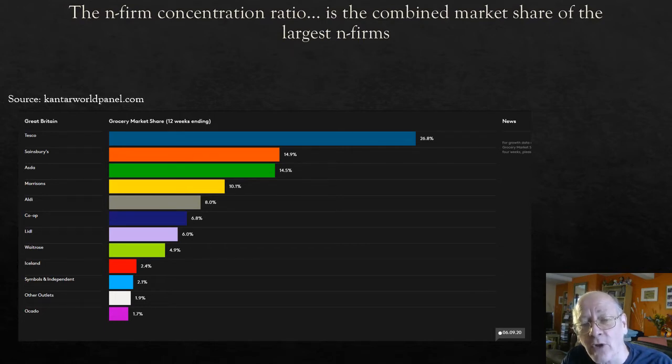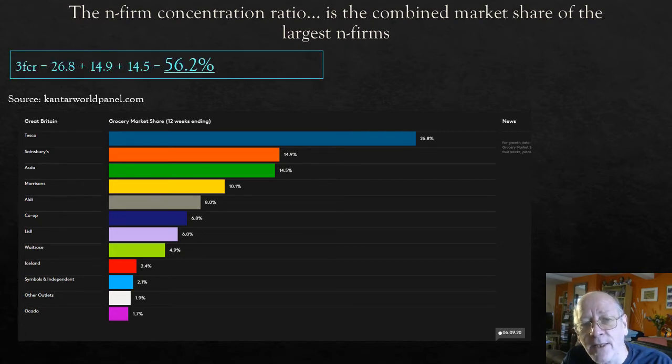So if we want the 5-firm concentration ratio, we would be adding up the market shares of Tesco, Sainsbury's, Asda, Morrisons and Aldi. If we want the 3-firm concentration ratio, we'll be adding up the combined market shares of Tesco, Sainsbury's and Asda.